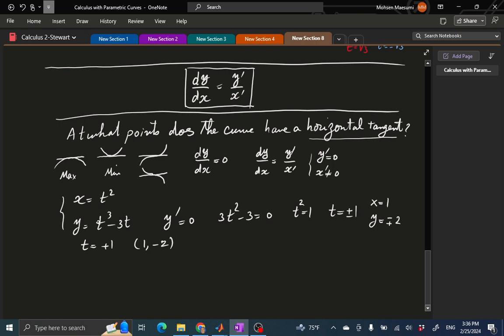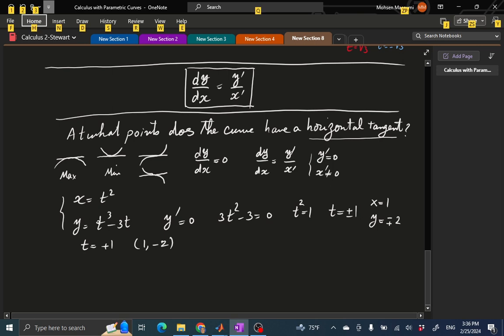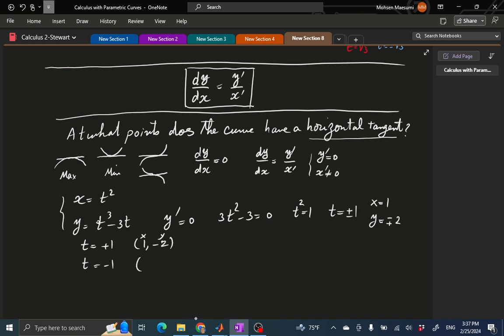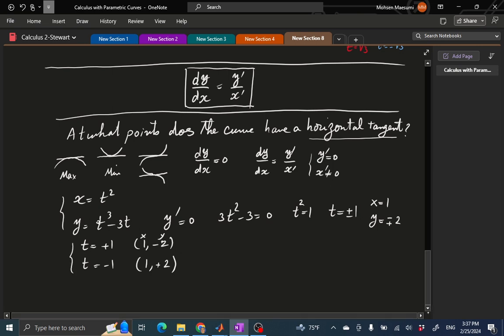To make it clear, at t equal to 1, x is 1 and y is minus 2. Is that right? Let me check. Okay, at t equal to 1, x is 1, y is minus 2, or t is minus 1, x is again 1, y is plus 2. What does that signify?